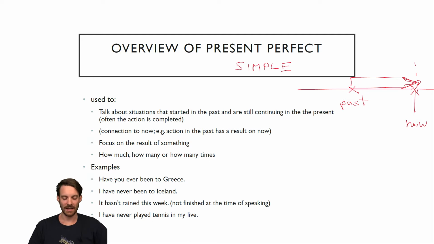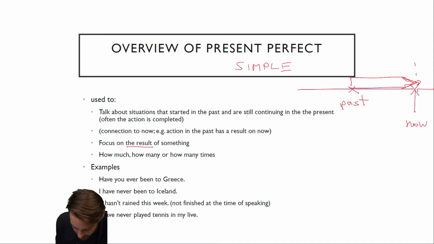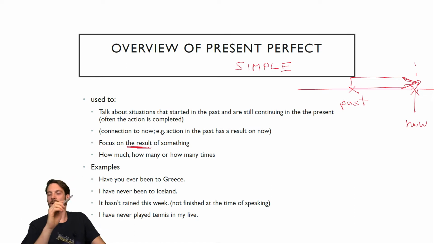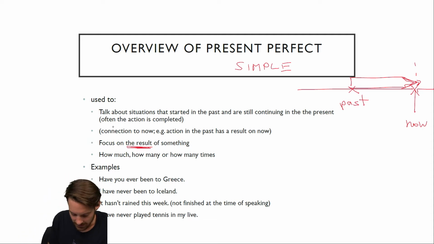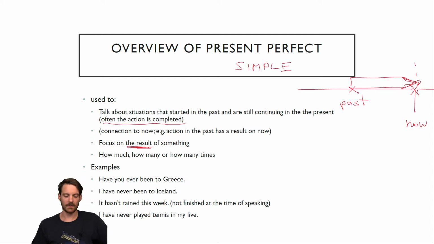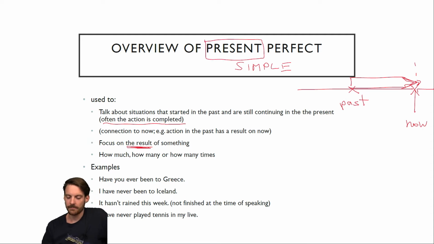We're going to lay the focus on the result of something, since the first explanation up there can also be used with the continuous. But let's focus on completed action, or the result of something. You have a connection to now, and therefore it's called present perfect.